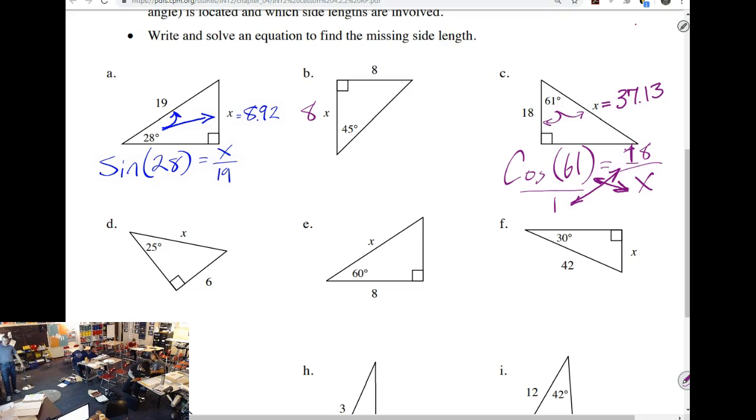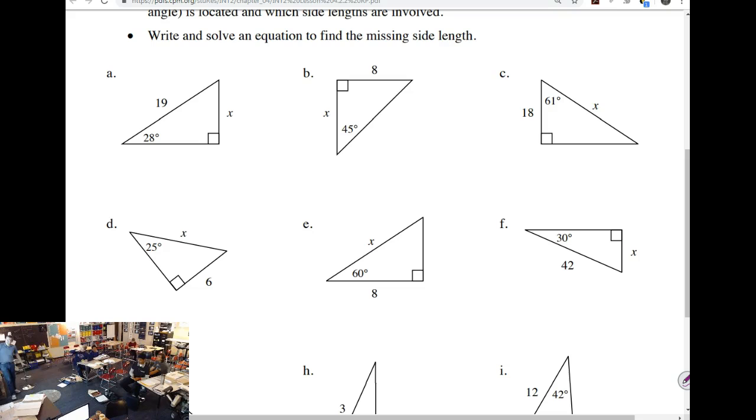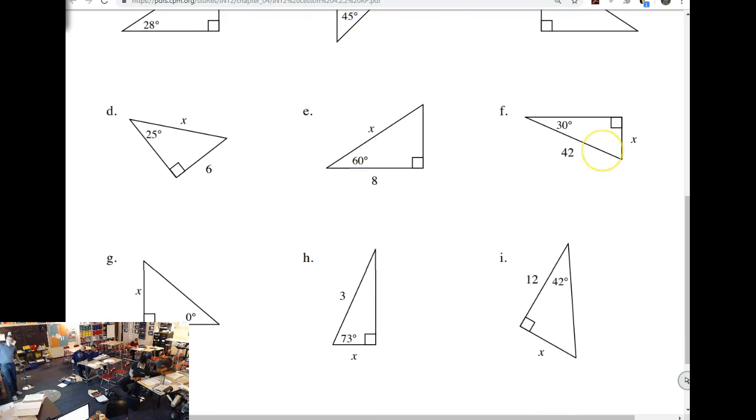So if we do it in the right order, we would switch x and cosine 61. X becomes 18 divided by cosine of 61, which is 37.13. Then D exceed is 14.1, from the angle given, sine.